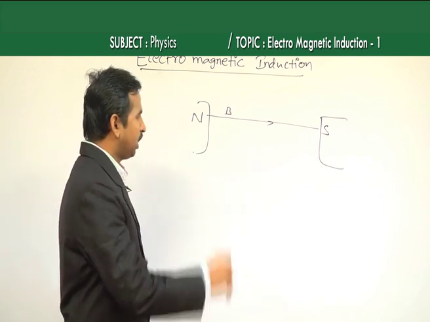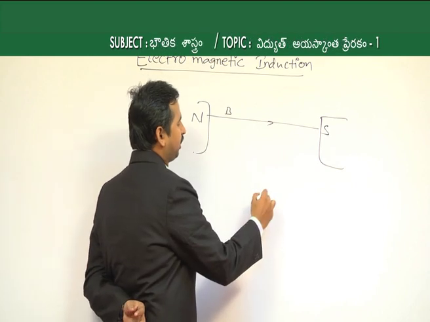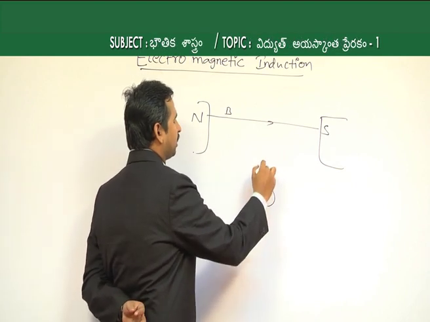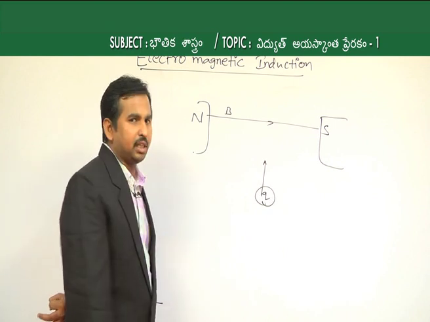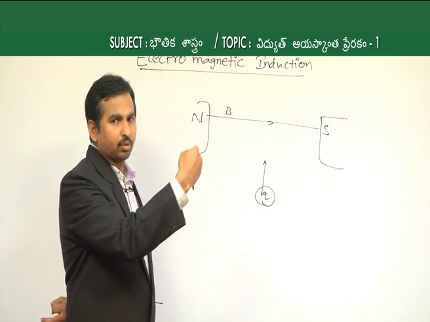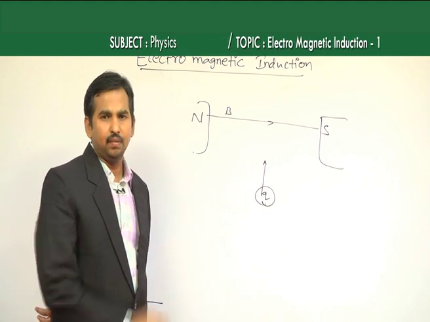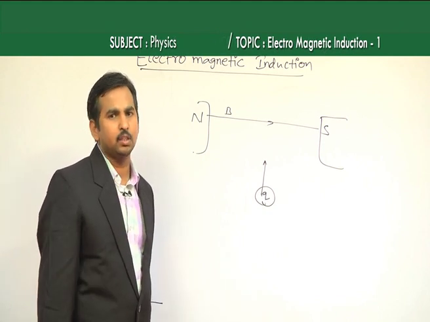Now, in this region, let us suppose I take a charge passing through and I move it. In the first case, let us suppose the charge is entering perpendicular to the plane where the magnetic field is present.